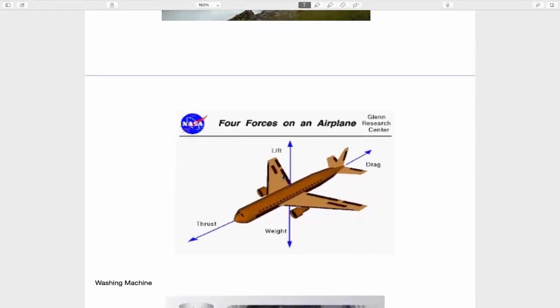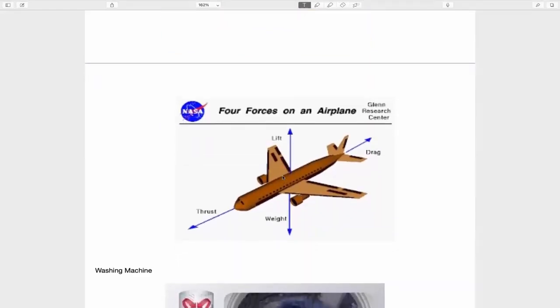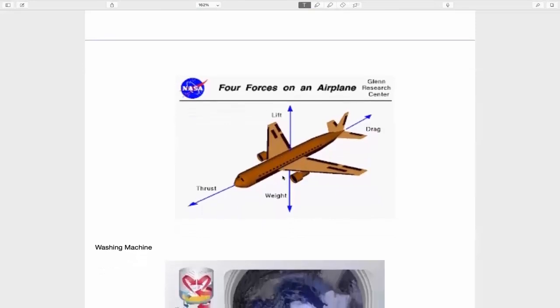Here is another fascinating example: fluid is something that causes an airplane to fly. I come from a background of fluid mechanics, and this is something that fascinates me to study fluid mechanics. In this example of the aeroplane, fluid flows around the wings.